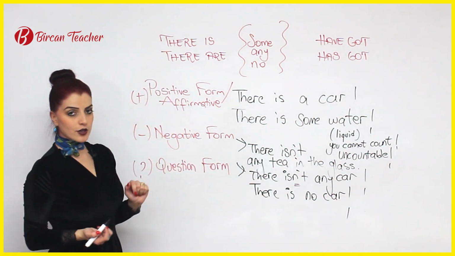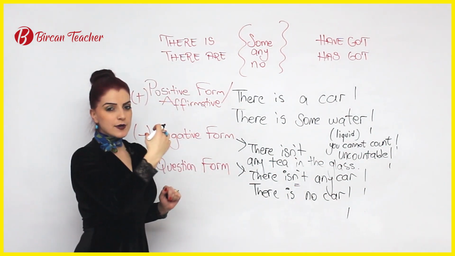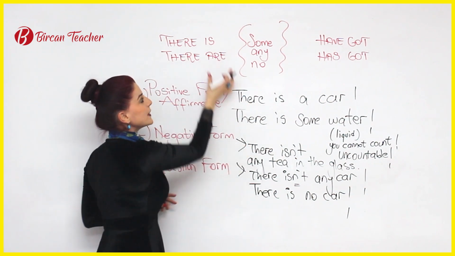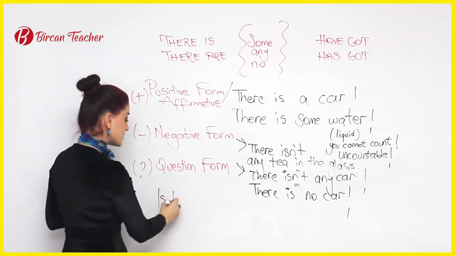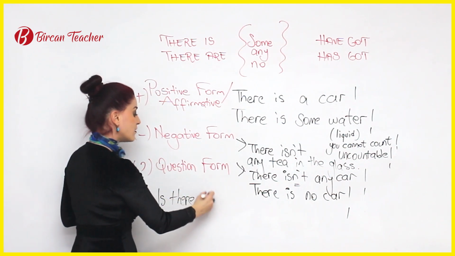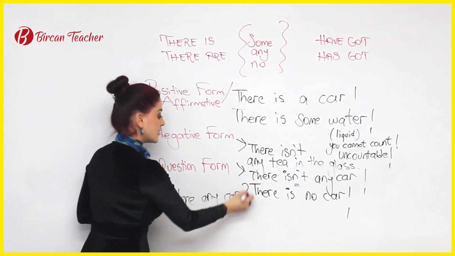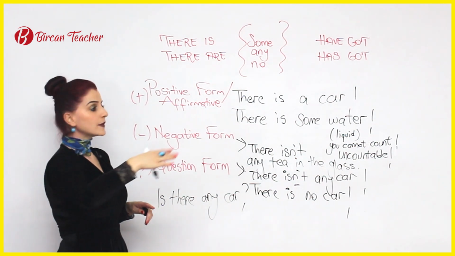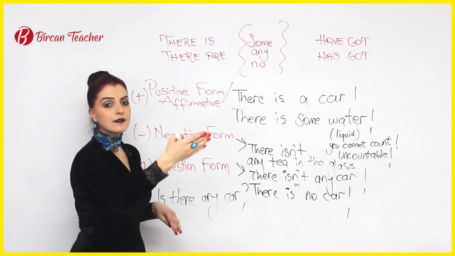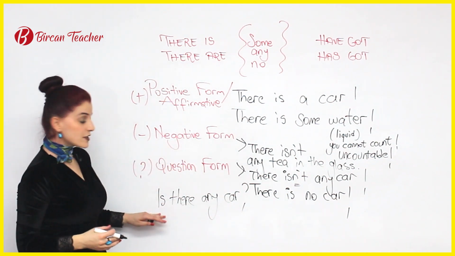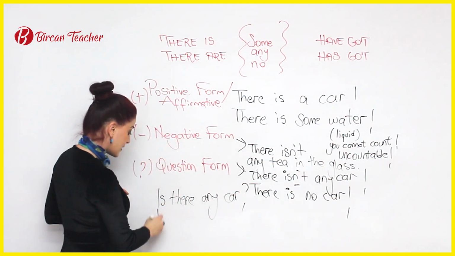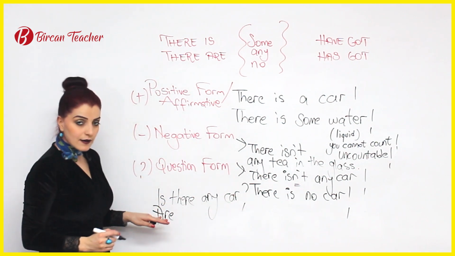In question form, you can remember we take to be to the beginning of the sentence. So you can ask, is there any car? Is there any car outside? Can you see? Is there? So you are asking a question because you don't know. Or if it is plural, you ask by using are.